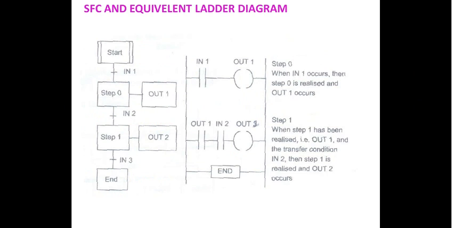In any sequential function chart, the start block is represented by a double line on the adjacent sides, just to differentiate that it is a start block rather than an action block. The action blocks are step 0 as well as step 1.